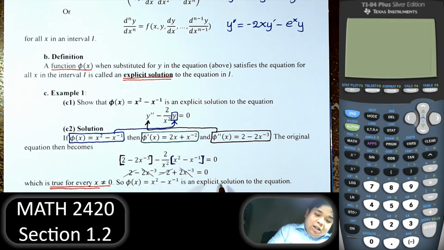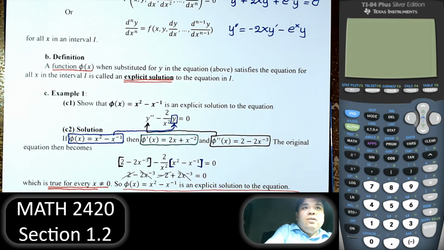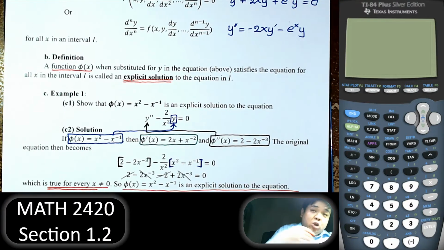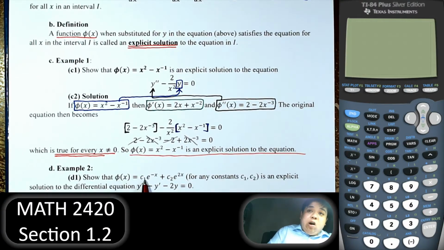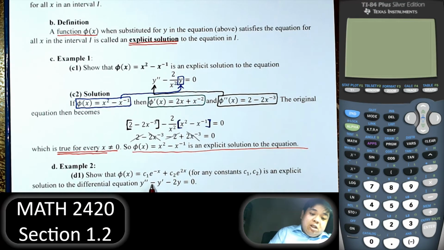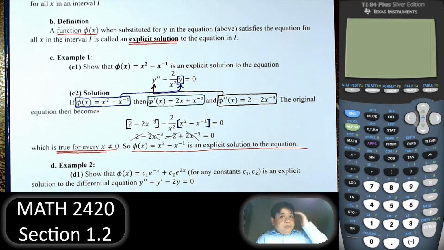So we say that is an explicit solution of the equation. So simple enough, right? We will be given a function, and then we just substitute into the equation. If it is true for every value of the independent variable, then it is a solution. Right.